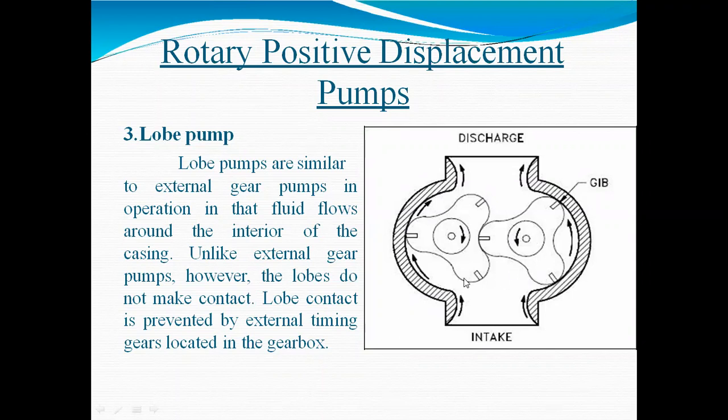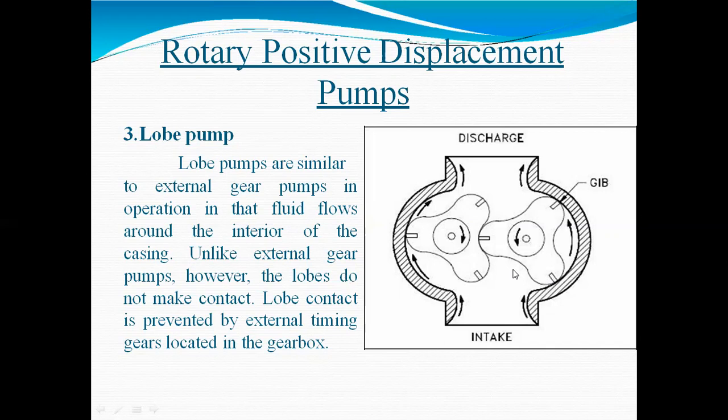Again, one is called the driver and the second one is driven. The power is transferred from this one to this one, or in this case both the lobes are connected to the prime mover so that they can drive individually.